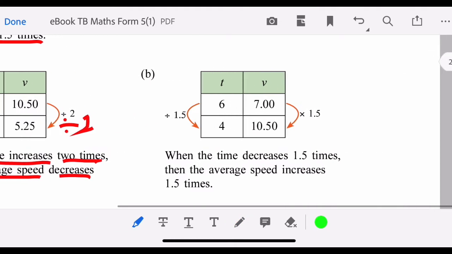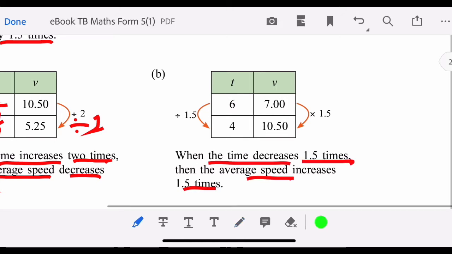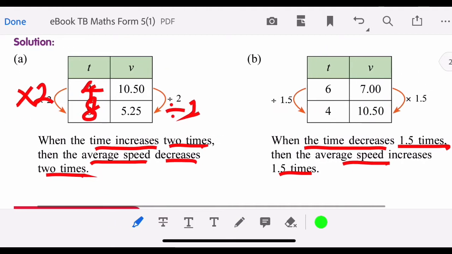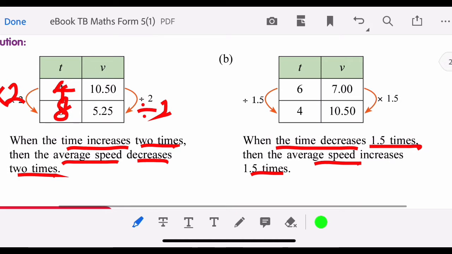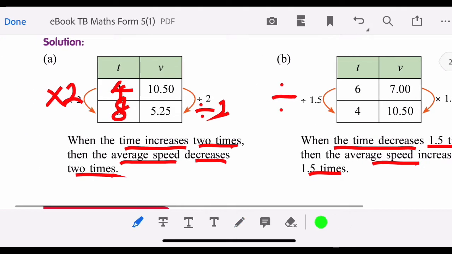When the time decreases 1.5 times, the average speed increases 1.5 times. So this is how we do inverse variation. If one increases, the other is divided; if one decreases, the other is multiplied, right?